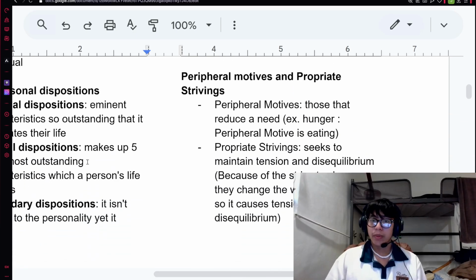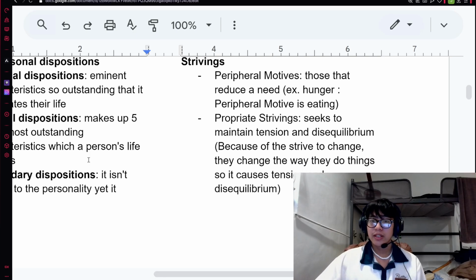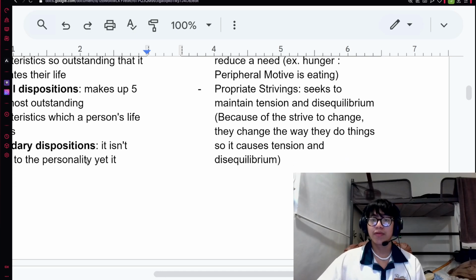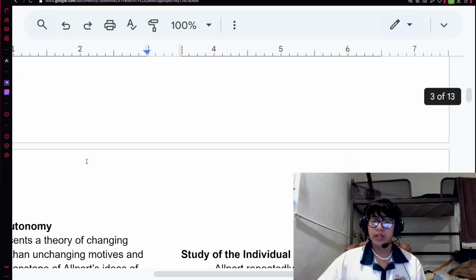So now let's talk about peripheral motives and appropriate strivings. Peripheral motives are basically those that reduce a need, and appropriate strivings seek to maintain tension and disequilibrium because of the striving to change. They change the way they do things, so it causes tension and disequilibrium.